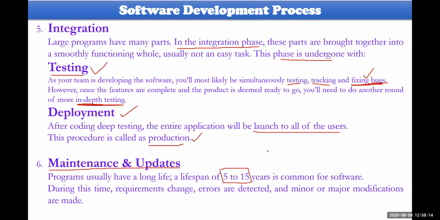Whether those doubts are valid or not, if valid, they will be sent back to the development team, and they have to implement those also. Nowadays you have heard a particular word, customization. That customization will be done in maintenance.